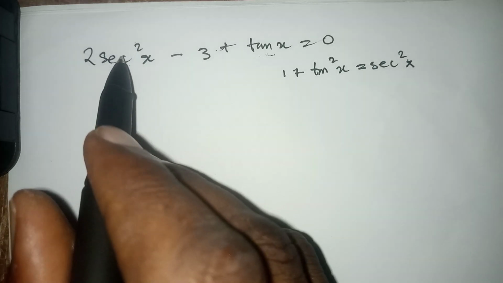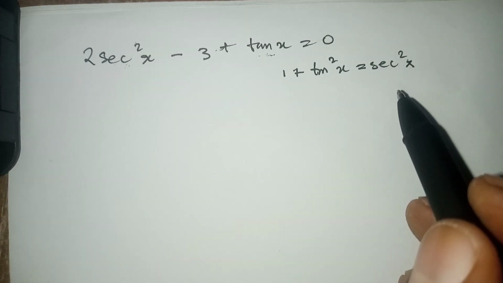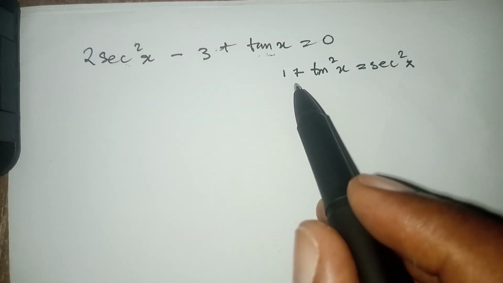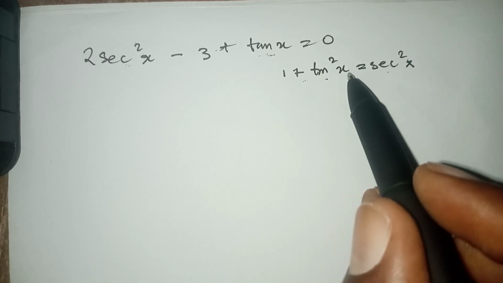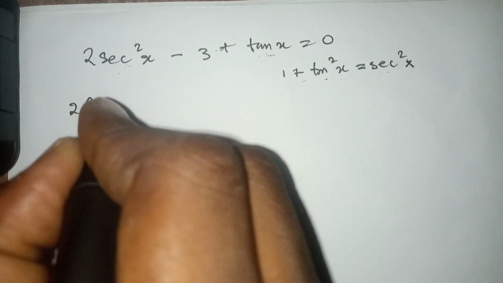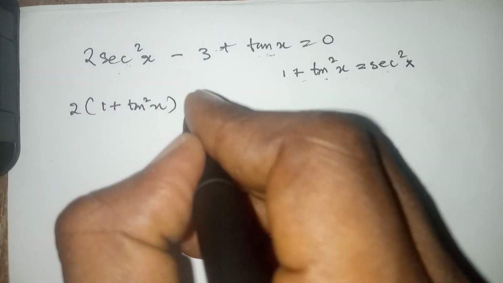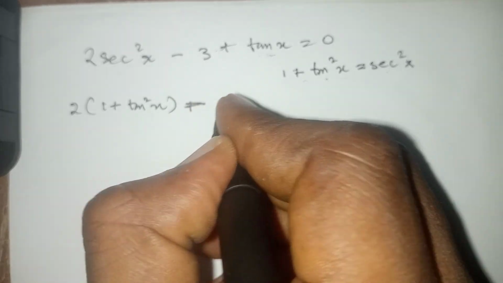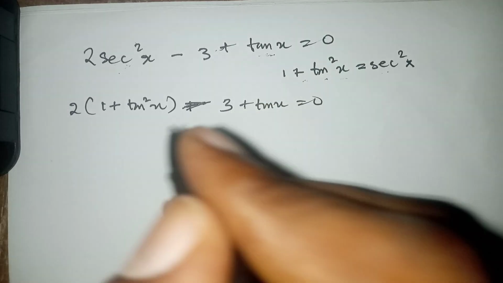So we must simplify this. And here, in one of our trig functions, we have the Pythagorean trig identity. So sec² x is equal to this. So we'll substitute this value for this value here. So we have 2 into (1 plus tan² x) minus 3 plus tan x equals 0.